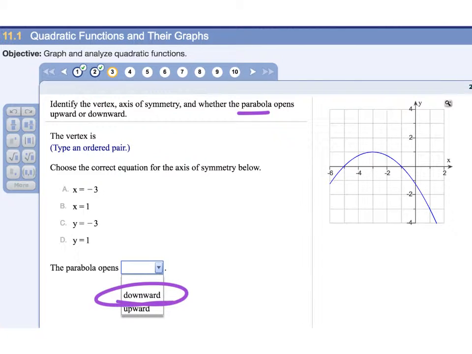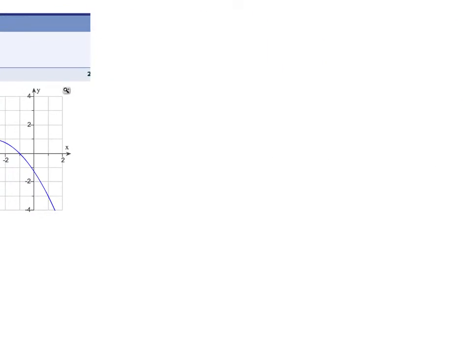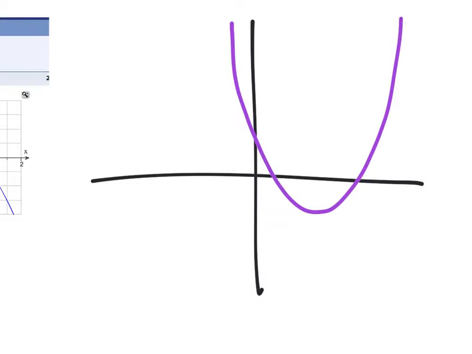Now, what is the vertex? The vertex is the maximum or the minimum on that graph. Let's say the grid is there, and let's say the vertex is like that, so it's a smiley face. Then the vertex is the absolute minimum of that parabola, the very bottom of that parabola.